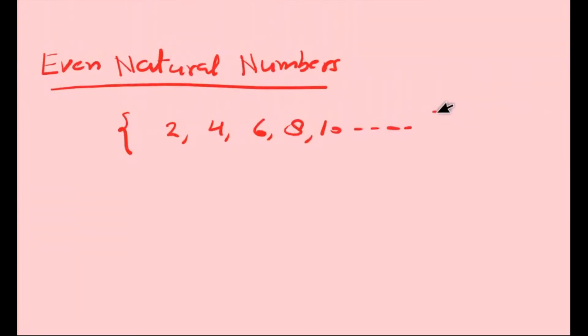These are known as even natural numbers. Natural numbers start from 1, but even natural numbers are 2, 4, 6, 8, 10. It is denoted by E plus. You can give more examples of even natural numbers.